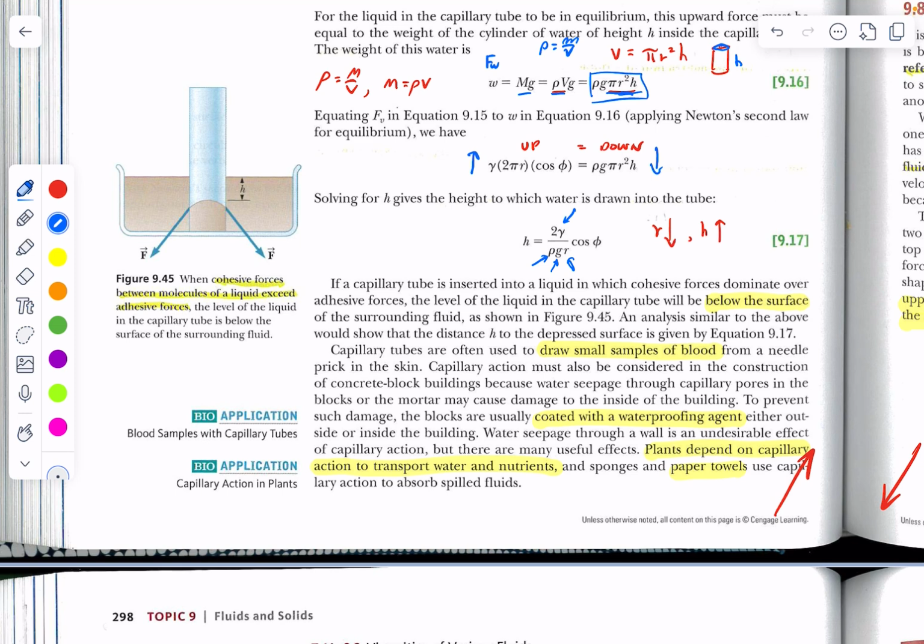And so they prick your finger, and a little bead of blood forms on the top of that finger, and you stick your capillary tube, and the blood is drawn up into the tube higher and higher, depending upon how thin that tube is. You can see in the equation down here that as your R gets smaller and smaller, your height, in terms of how high it will go up in the capillary tube, will get higher and higher.